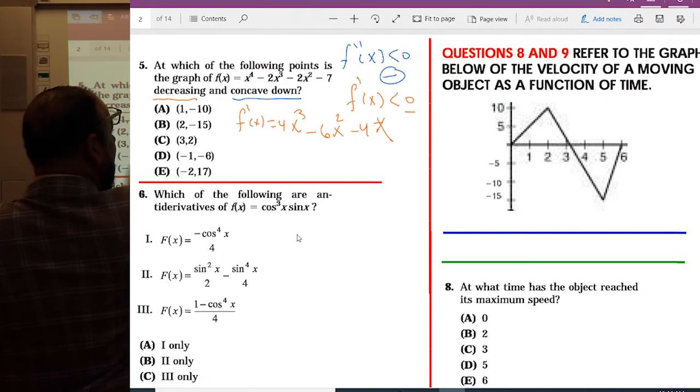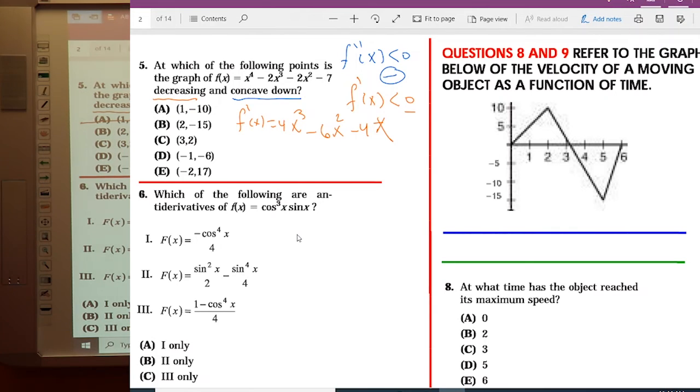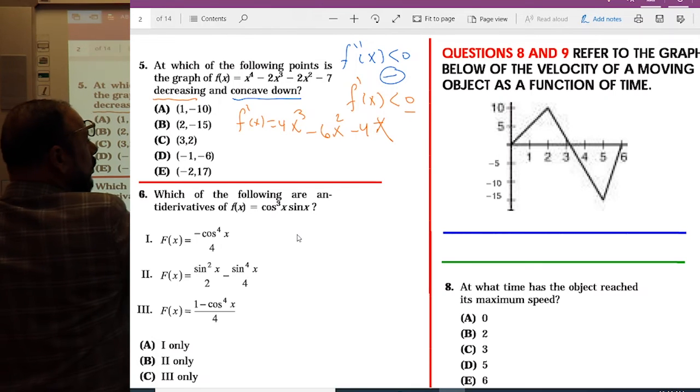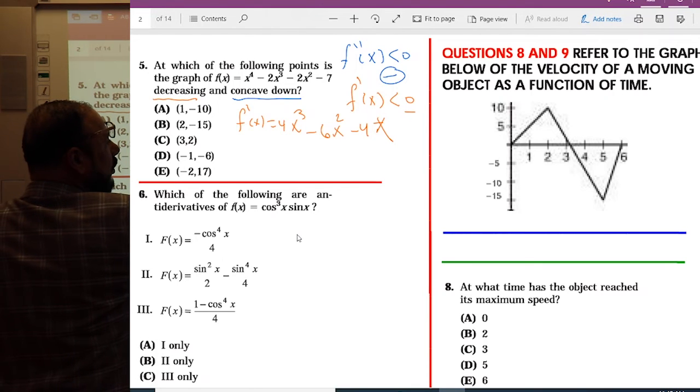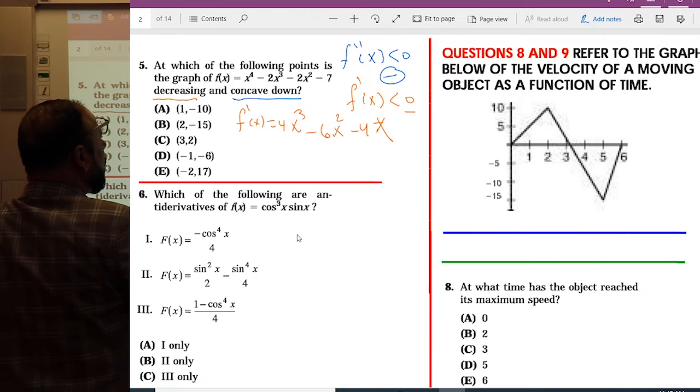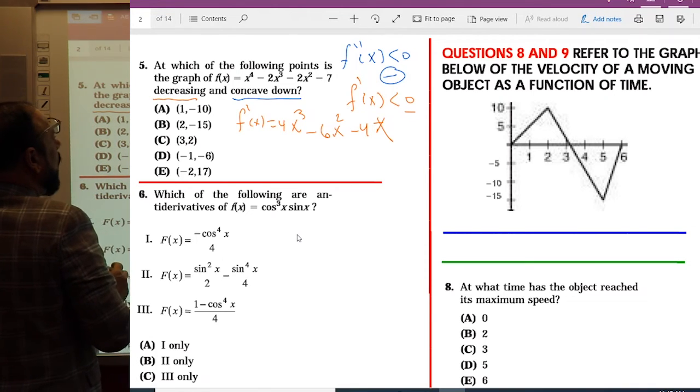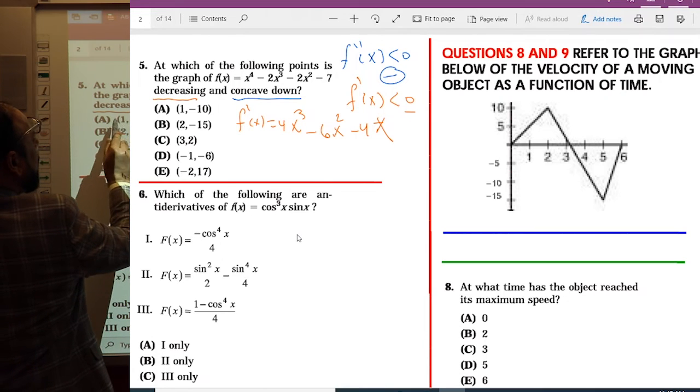One more time, Ismail, can you check the answer? Can you check the point? 2, we said 2. 2 cubed is 8 times 4, 32. Between 1 and negative 10.